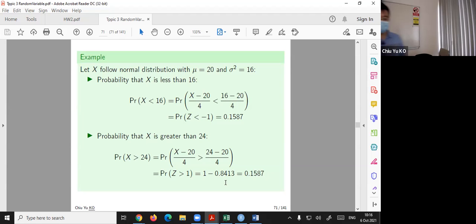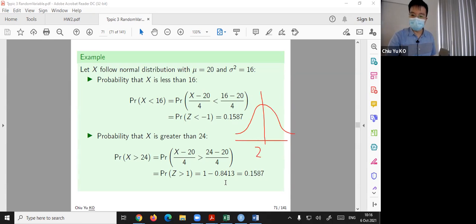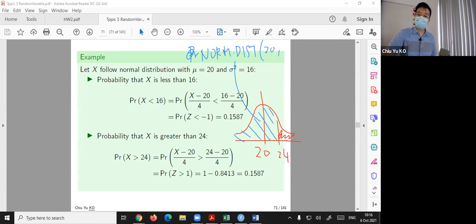Let me finish this last question and then we end, because I don't want someone who needs to take the bus to be held up. Basically, here we have 20 and we have 24. We're going to ask for the red part, which is the same as 1 minus the blue part. The blue one is calculated by NORM.DIST of 24, with mean 20, SD 4, and true.